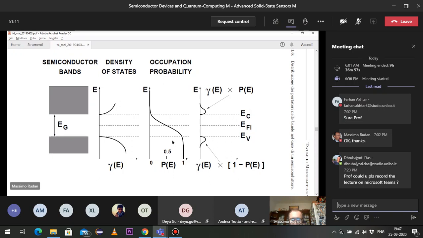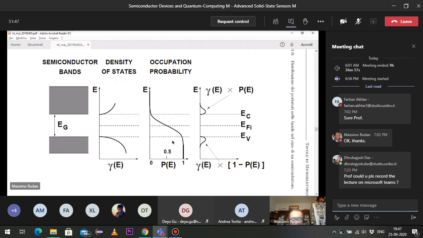Now consider a slight increase in temperature, okay? A slight increase in temperature above 0 Kelvin, okay? When you increase the temperature enough, sooner or later there will be one electron of the valence band that will acquire enough energy to make a transition to the conduction band.